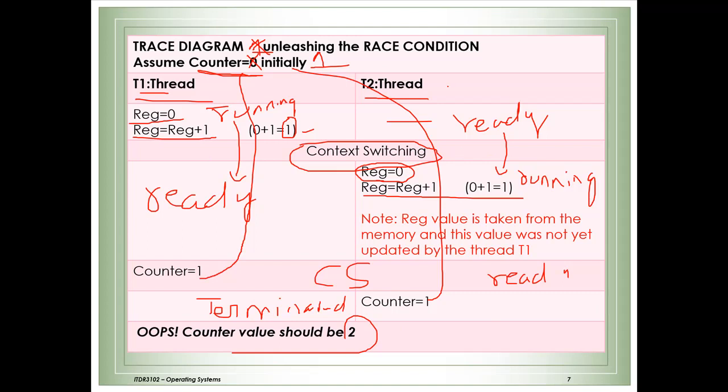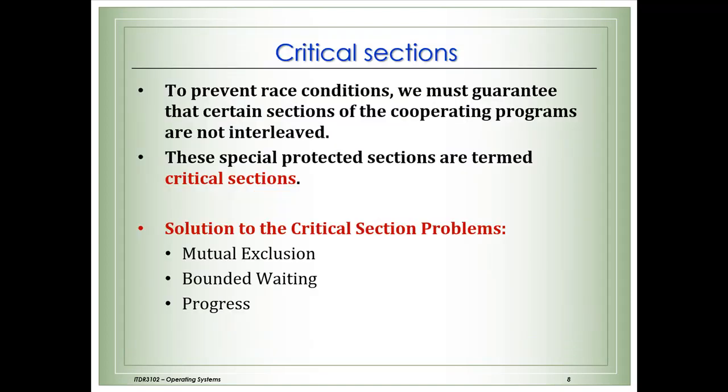Analyze this trace diagram and you can easily understand why this problem is happening. Because for thread T1 as well as thread T2, the load, update and store operations are not taking place together, it is not continuous. Because of this break in between, due to context switching, the race condition occurs.